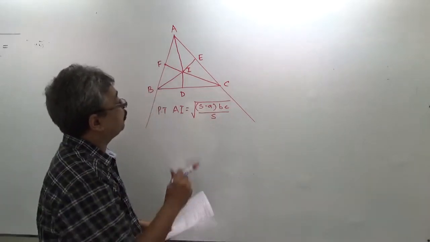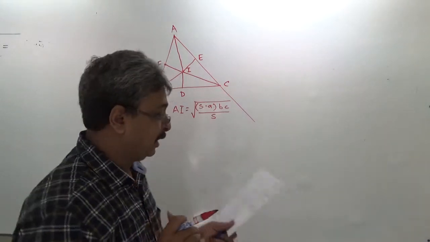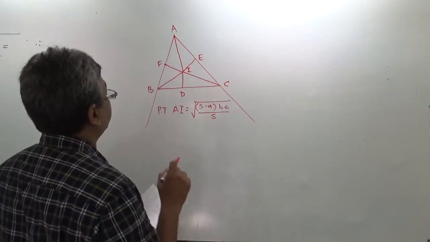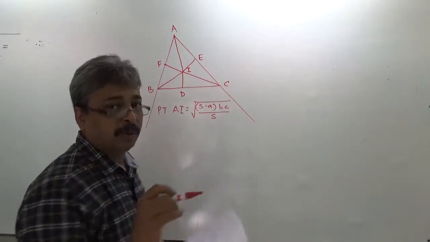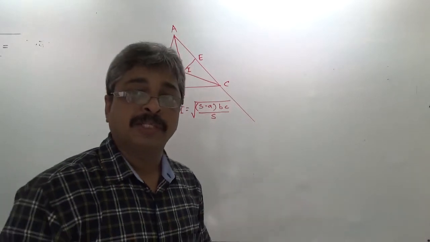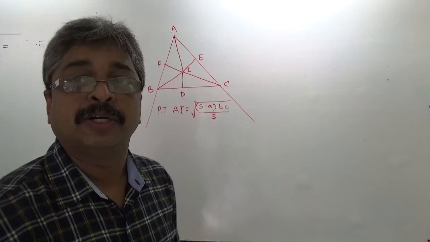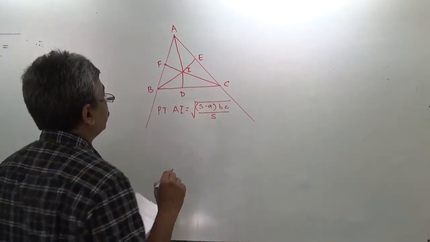And of course, for proving this, we will take help of the identity that we have proved earlier. So again, you have to spend a lot of time trying this out yourself, and if you don't get it, then watch this video.